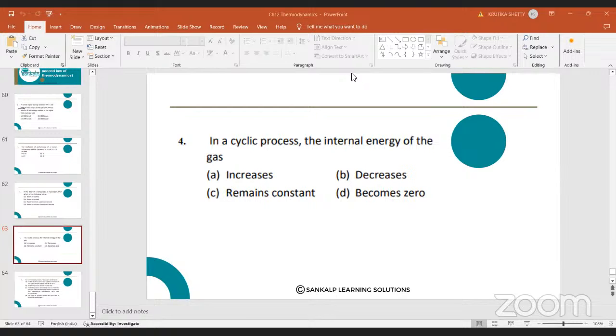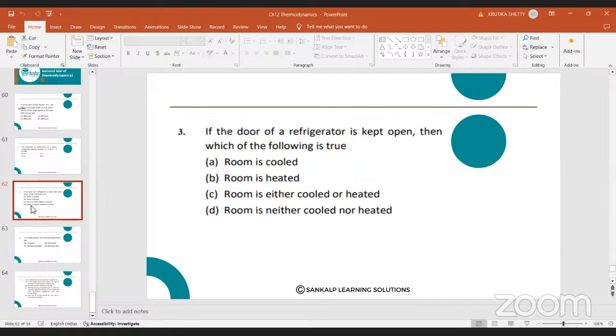Yes, option D is the correct answer. That is, the internal energy becomes 0. So see the next question.